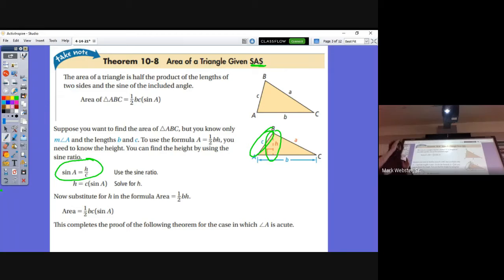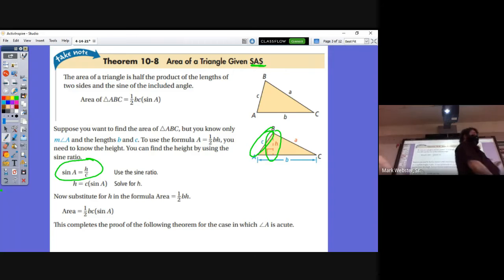Opposite over hypotenuse. So we solve for h so that we can throw it into our formula, 1/2 base times height. So h is going to be replaced by c times the sine of A. And that's it. Now we have that formula that we're looking for.